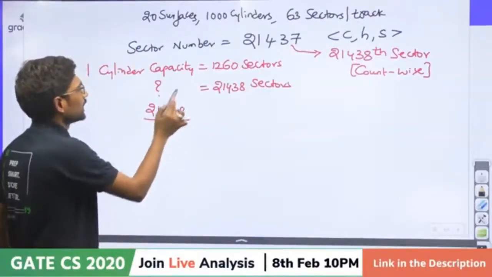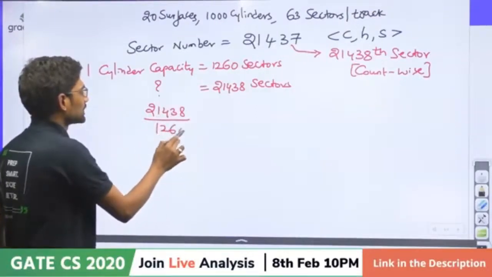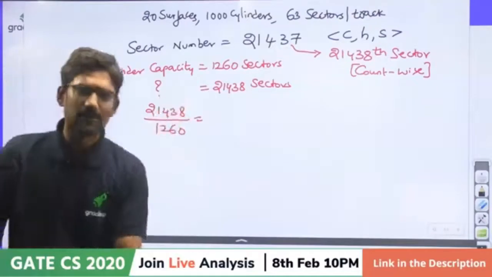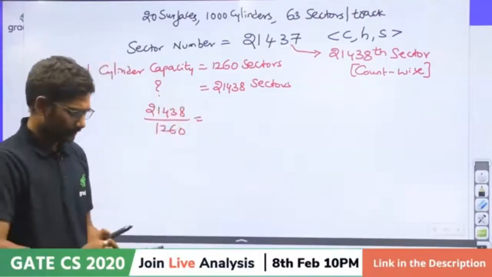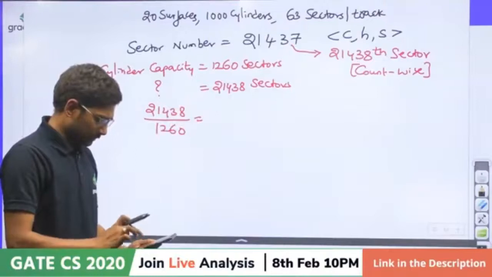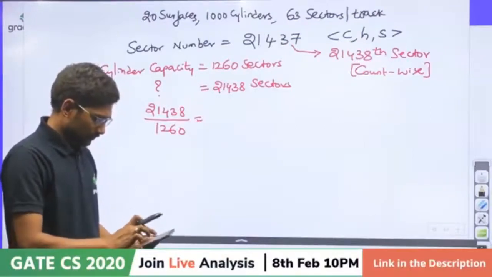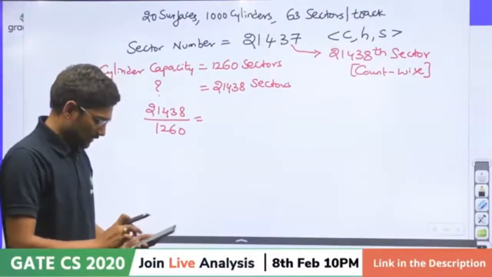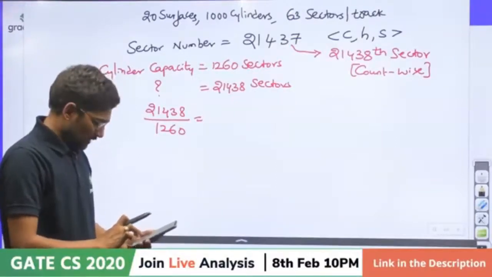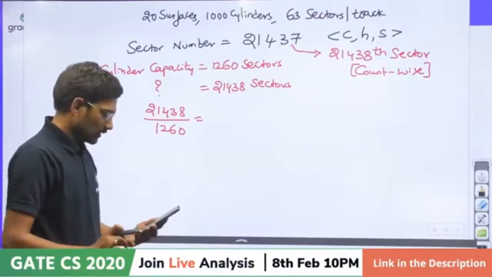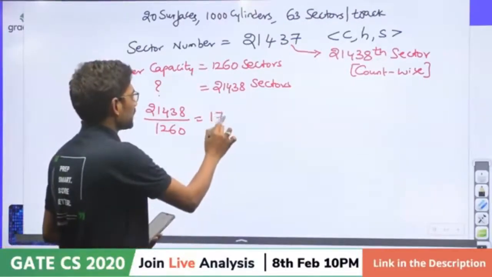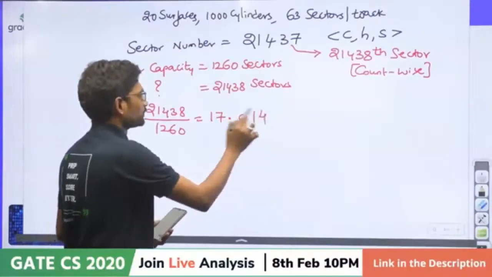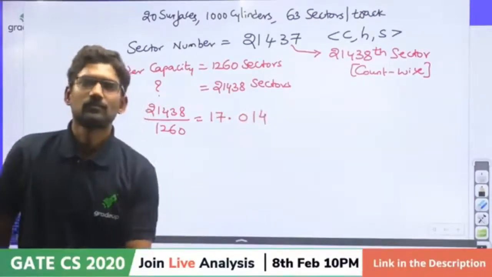21438 divided by 1260. Will somebody give me what is the value for this? Exact value? Or I will do it, don't worry. 21438 divided by 1260 is 17.014. Right?